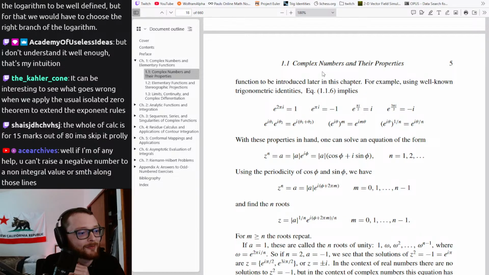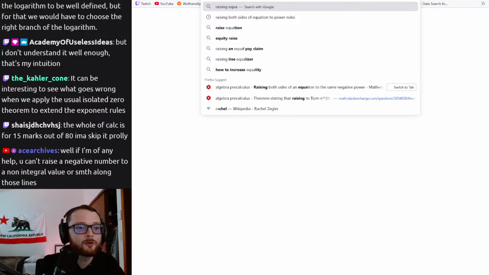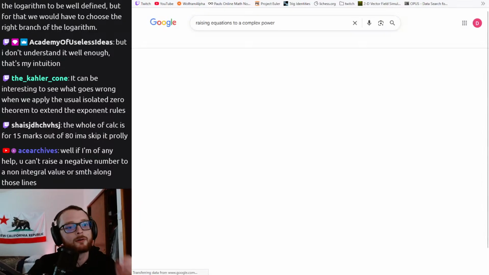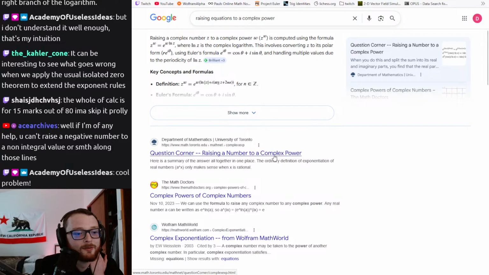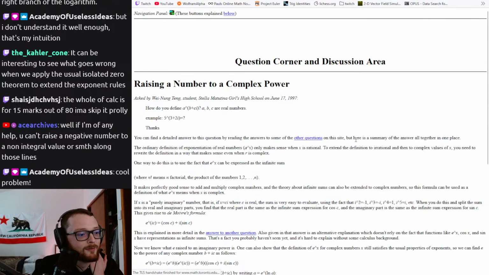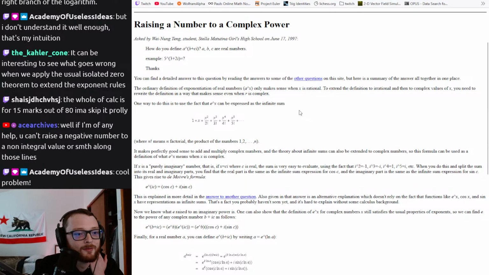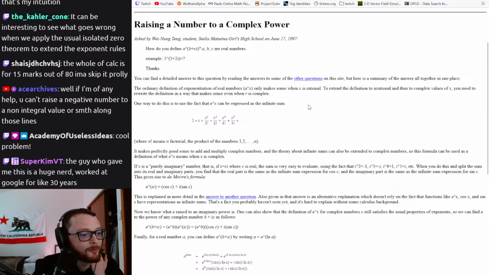Yeah, it definitely has something to do with logs. Raising equations to a complex power. It is a cool problem, yeah. Interesting to see what goes wrong when we apply the usual exponent rules.